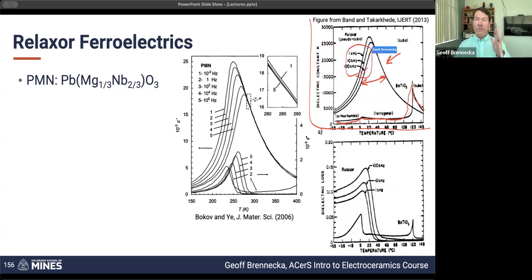So the temperature where this maximum is, if you define the phase transition as where you see that peak in permittivity, and that's not a good definition for the phase transition, but it's an easy way to measure it. The temperature where you would say this goes from being the low temperature phase, so tetragonal or rhombohedral, to the high temperature phase being cubic, for example, that temperature actually changes with measurement frequency.